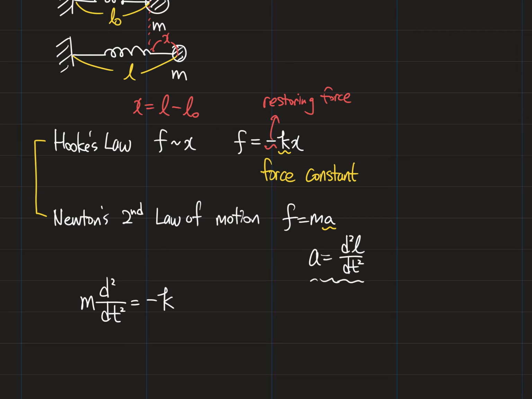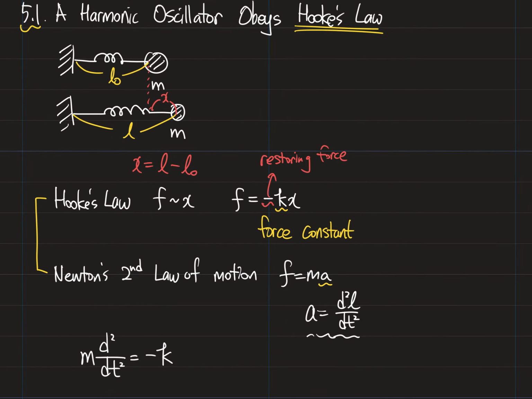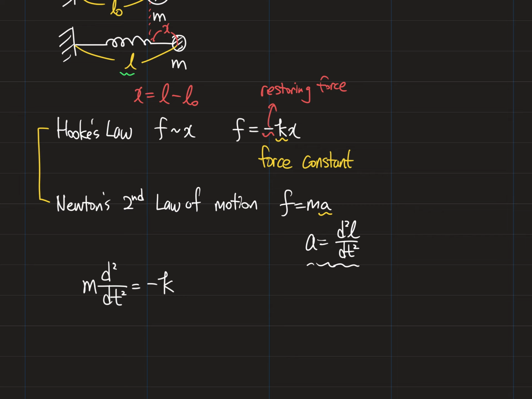Even though the x still denotes the position x, right? But we need a more precise expression because the position of the mass m is described by its length L. And here the restoring force x is defined as L minus L0.